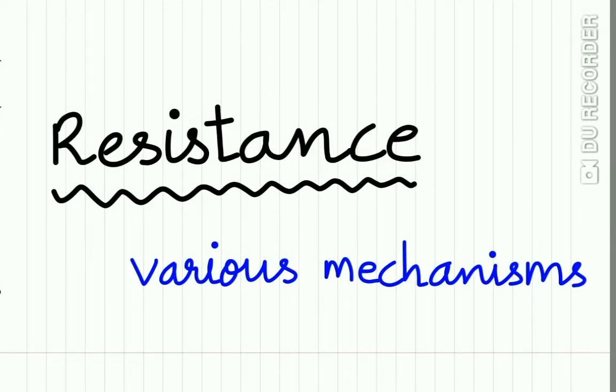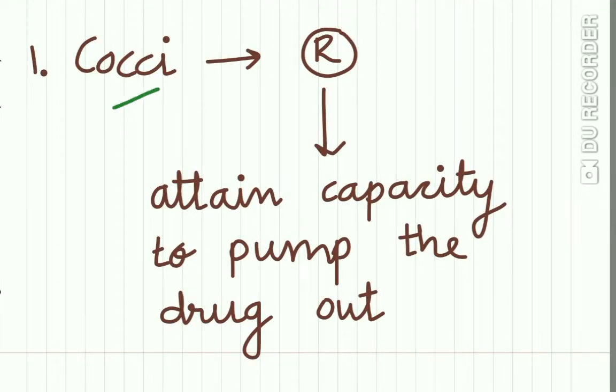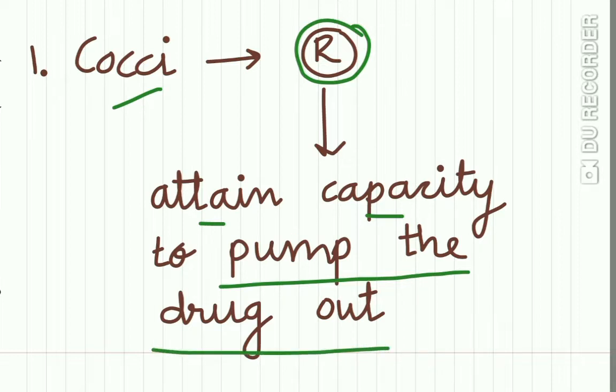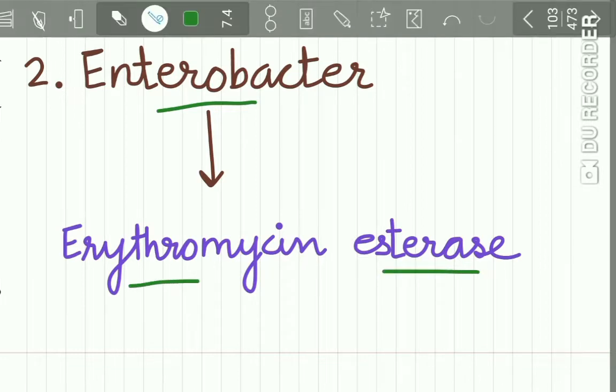Now, how do the organisms develop resistance to erythromycin? There are various mechanisms. The first one is that the cocci develop resistance to erythromycin by attaining a capacity to pump out the erythromycin from the cell body. Another mechanism by which Enterobacter acquires resistance to erythromycin is by production of an enzyme, erythromycin esterase.